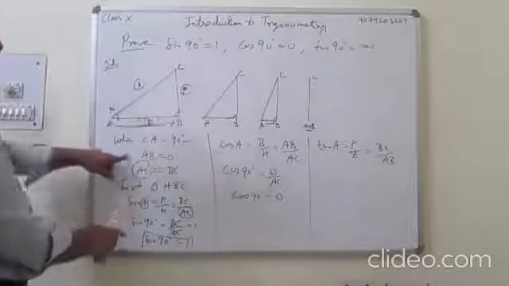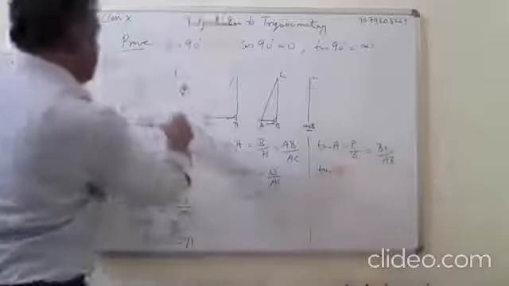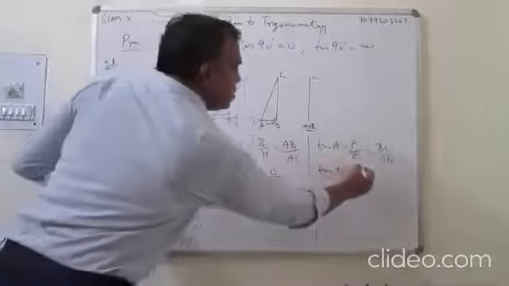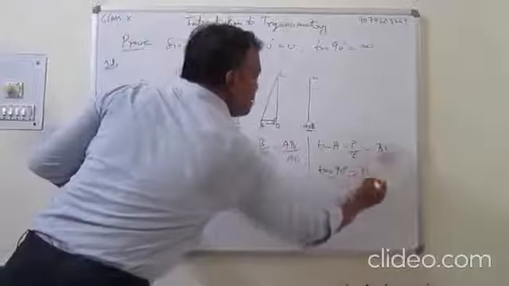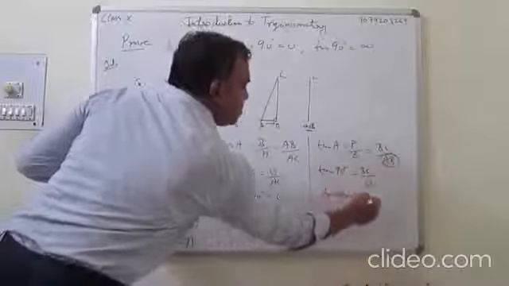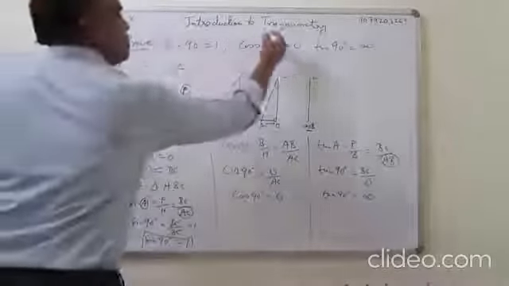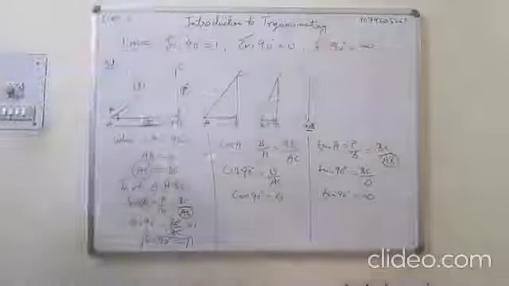AB is 0. Now tan 90: BC is BC and AB is 0. Anything divided by 0 is infinity. So this proves sin 90 is 1, cos 90 is 0, tan 90 is infinity.